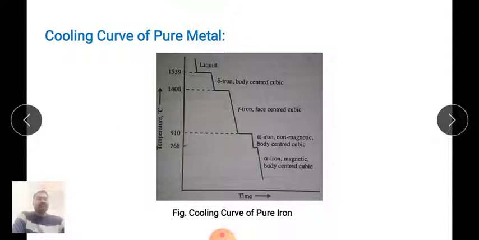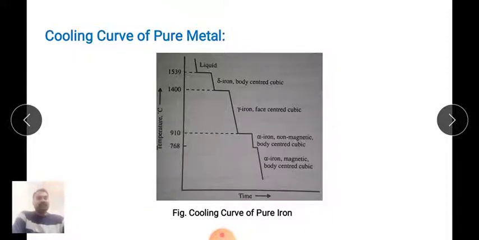We have already studied the types of cooling curve in the first unit. As we are studying the cooling curve for a pure metal, in that case one horizontal line, which is parallel to the x-axis and perpendicular to the y-axis, is observed for a pure metal. So that's why we are considering the delta ferrite. In that case also we can observe one line parallel to the x-axis.